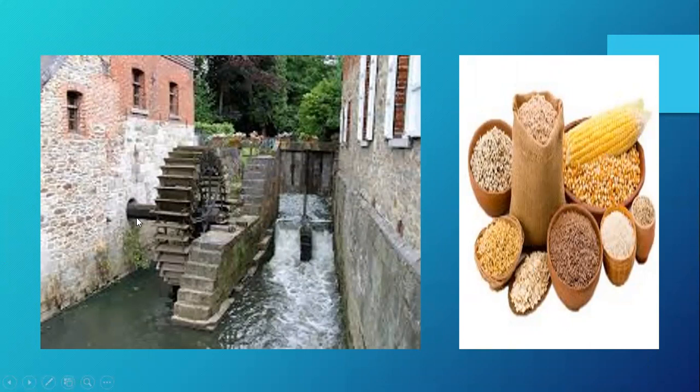This wheel and axle move because of the kinetic energy inside the water. The running water will make the wheel move, so it will make the mill grind the grains. So it depends on the water to move the wheel and axle so it can grind the grains into flour. This one was in the past.